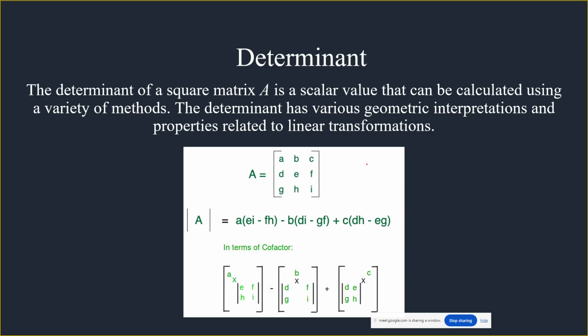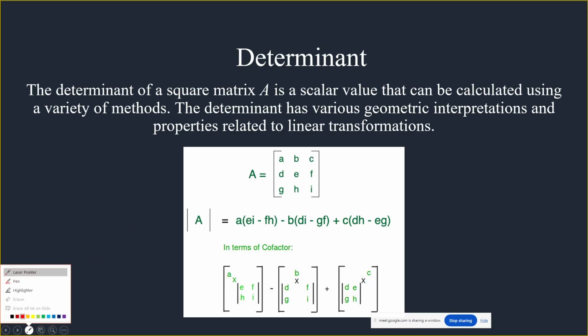The determinant has various geometric interpretations and properties related to linear transformations. This determinant will help us in the further stages when we learn about linear transformations. We will learn about vectors, vector spaces and subspaces in our upcoming days.